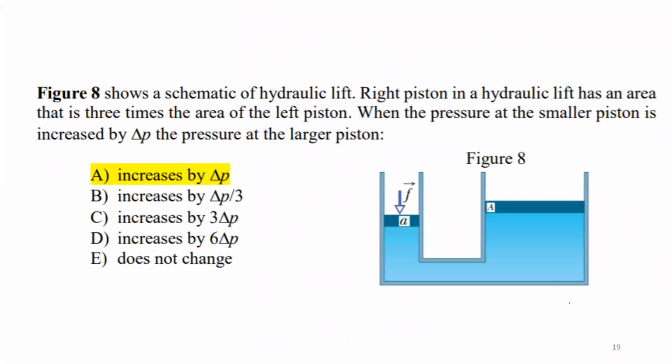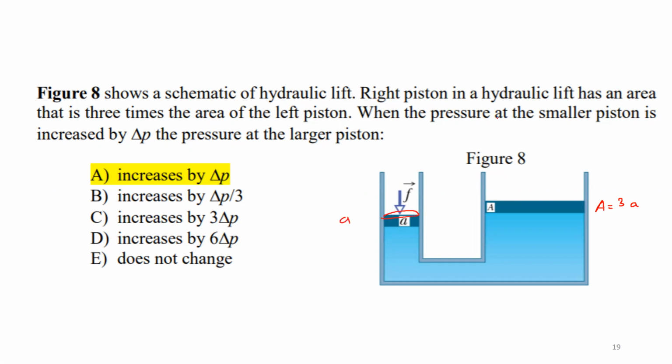Okay, good. Let's go to the next one, which is about Pascal's principle. The figure below shows the schematic of a hydraulic lift. The right piston in a hydraulic lift has an area A, capital A, which is 3 times the area of the left piston, small a, this cross-sectional area here.